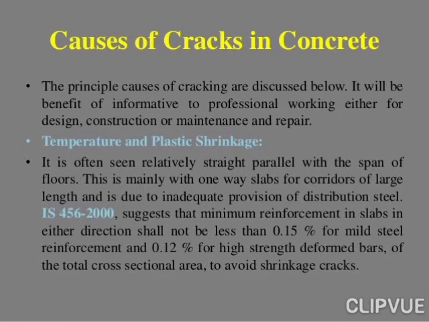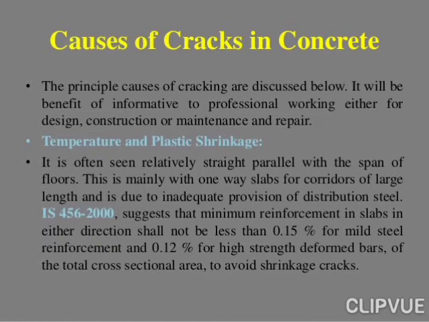Causes of cracks in concrete. The principal causes of cracking are discussed below. It will be informative to professionals working in design, construction or maintenance and repair. Temperature and plastic shrinkage cracks are often seen relatively straight, parallel with the span of floors.